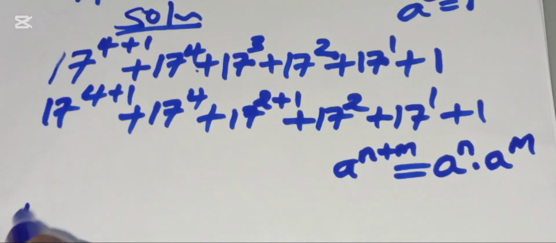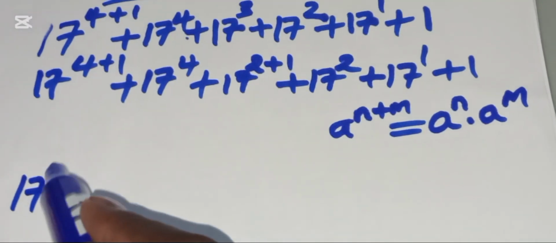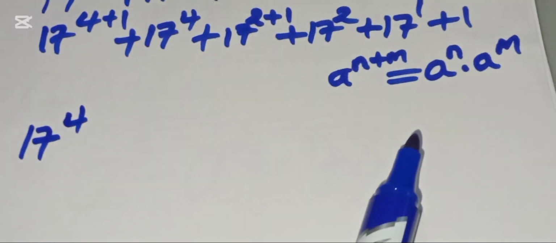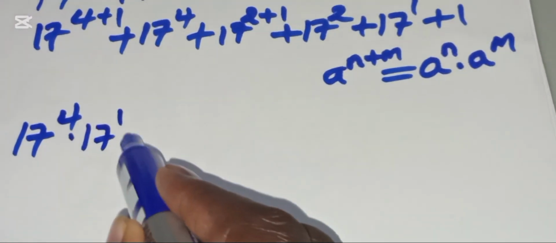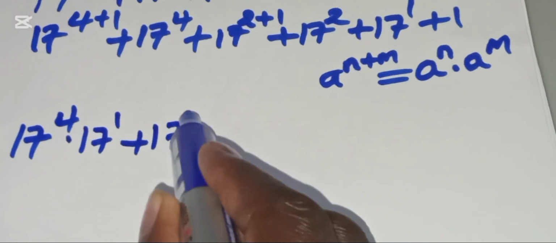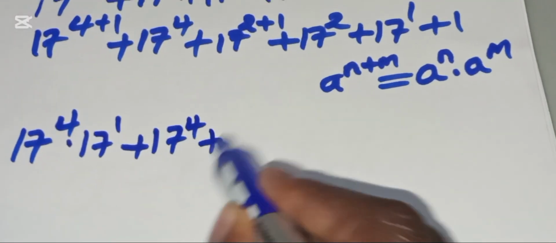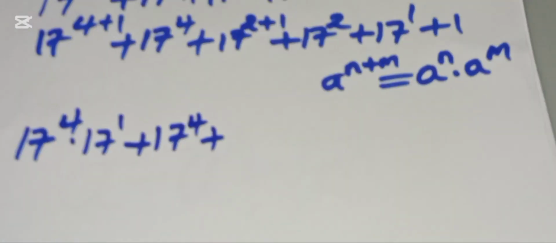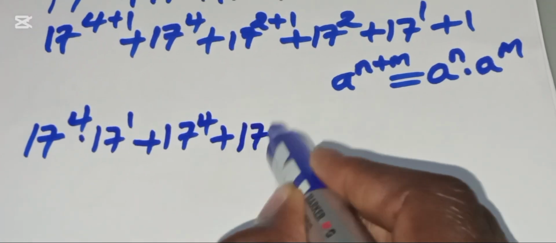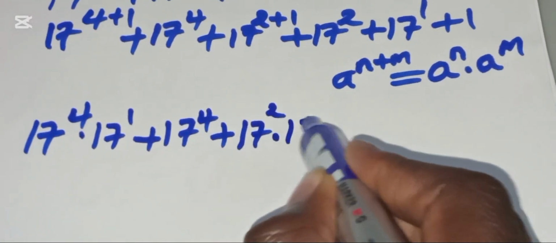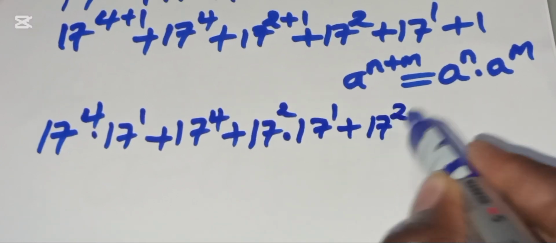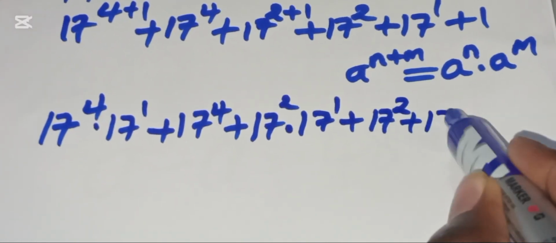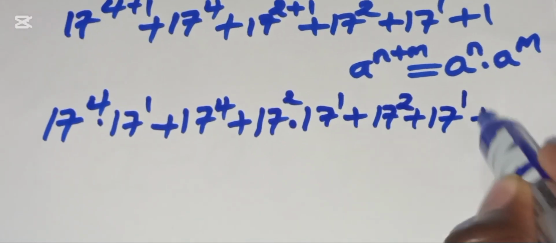We'll have 17 raised to the power 4 plus 17 raised to the power 4 multiplied by 17 raised to the power 1 plus 17 raised to the power 4 plus, now we have 17 raised to the power 2 plus 1. This becomes 17 raised to the power 2 multiplied by 17 raised to the power 1 plus 17 raised to the power 2 plus 17 raised to the power 1 plus 1.